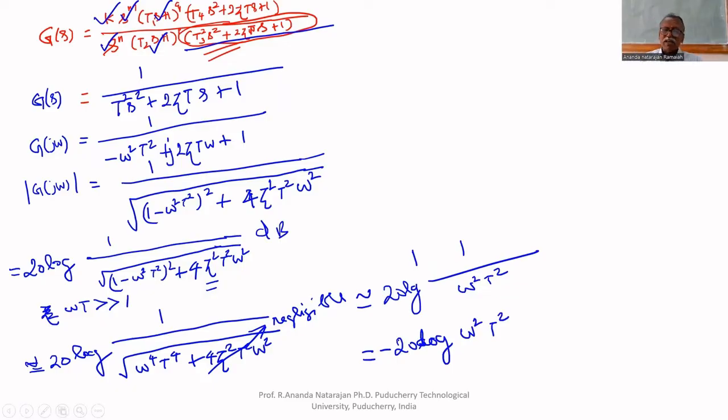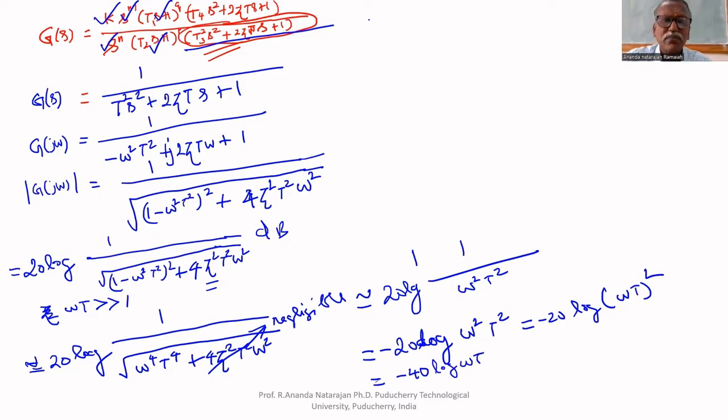Therefore, minus 20 log omega square tau square, which is also equal to minus 20 log omega tau whole square. Therefore, this becomes minus 40 log omega tau.